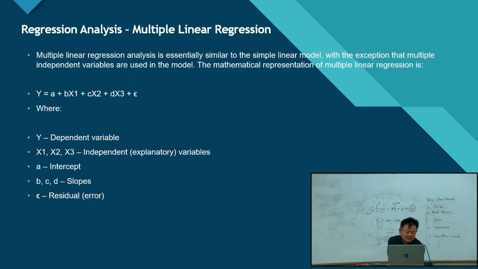This expresses multiple linear regression analysis, essentially similar to the simple linear model, very simply. But the exception is that multiple independent variables are used in the model. The mathematical expression of multiple linear regression is Y equals a plus b x1 plus c x2 plus d x3 plus epsilon.